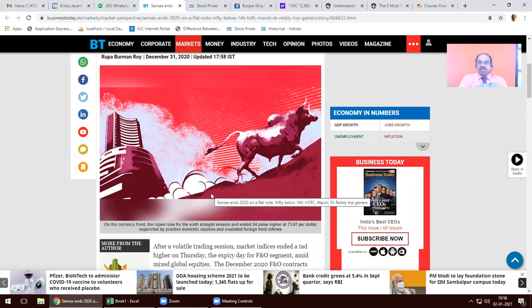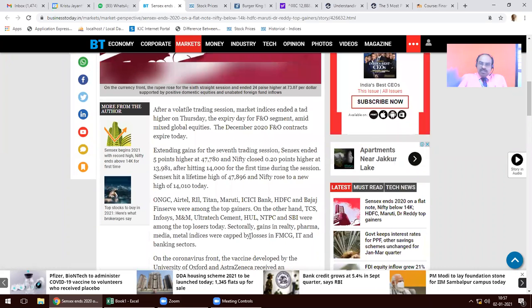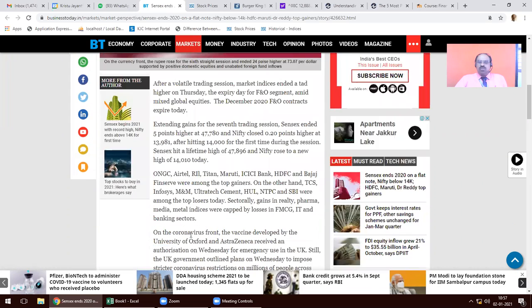Nobody expected there would be a lockdown. Finally, India was closed from a particular day onwards. We faced that problem, a lockdown issue. Even then, the stock market gained. So this is the simple analytics you must know.